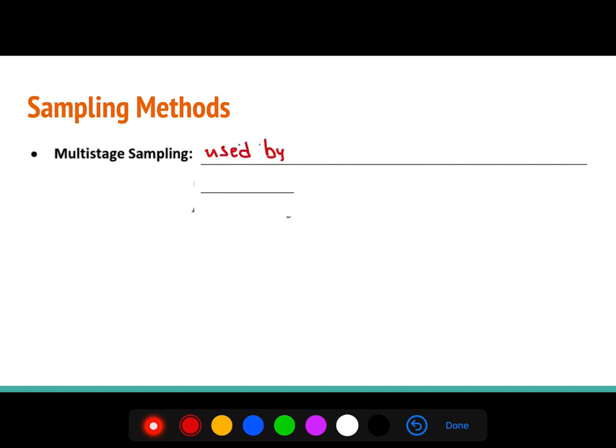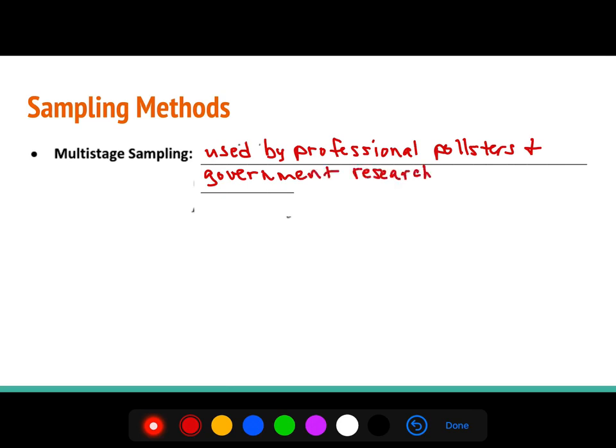Now, some sampling methods, continuing, is the multi-stage sampling. And this one is used by professional pollsters and government researchers. And they combine basic sampling methods.